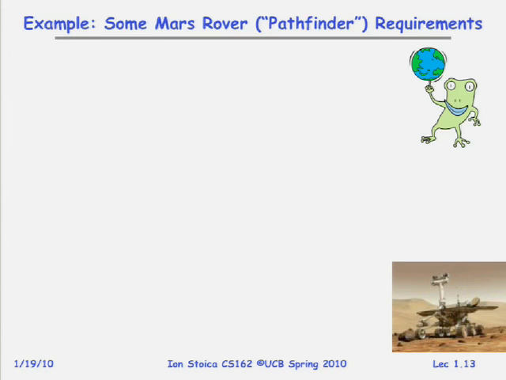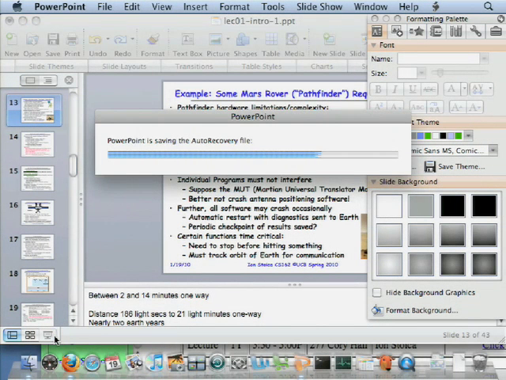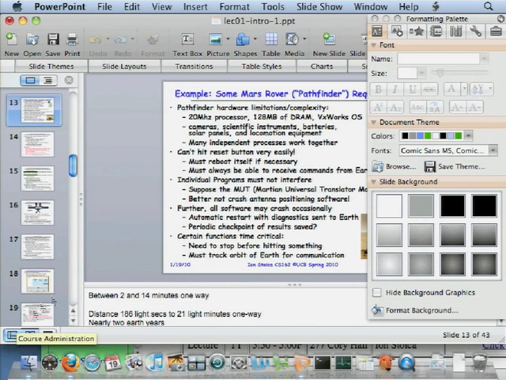This was, I think, in the last decade, when NASA sent it to Mars. It had these airbags when it landed. I found this on YouTube, of course, just to give you for fun.